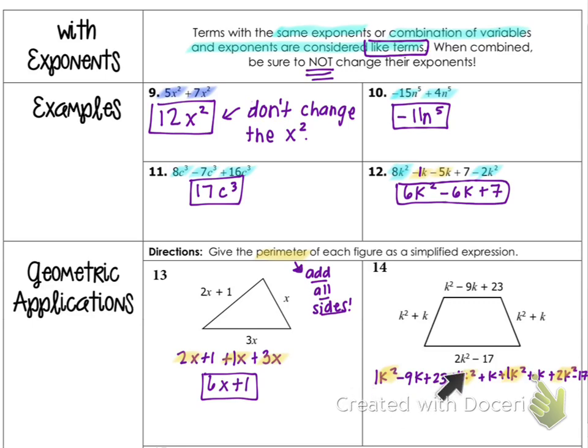So we have 1 plus 1 is 2, plus 1 is 3, 4, 5. So we have 5k squared. And then I'm going to look at all my k terms. So I have negative 9 plus 1 plus 1. So that's negative 7k. And then I'm going to look at all my regular terms, the constants without the variables. 23 minus 17, which is a positive 6, and that's your answer.